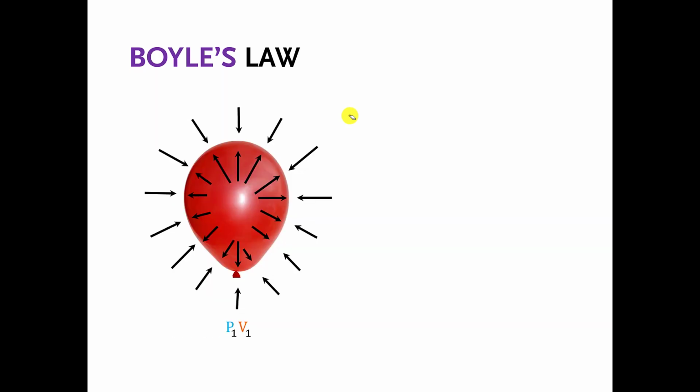And here is an example. So here's a balloon. Those arrows on the inside of the balloon are supposed to be showing you that the air in the balloon is pushing and giving a force against the walls of the balloon. And there's the outside air pushing against the balloon as well. And the pressure of the balloon under these conditions I'm going to call P1. That means the pressure at the beginning.